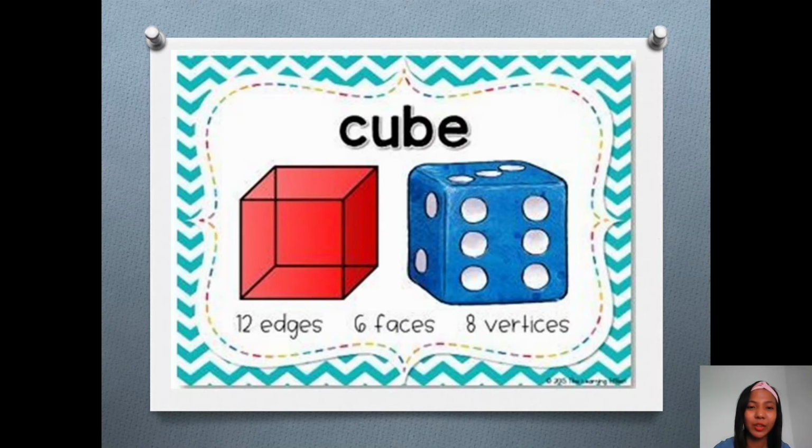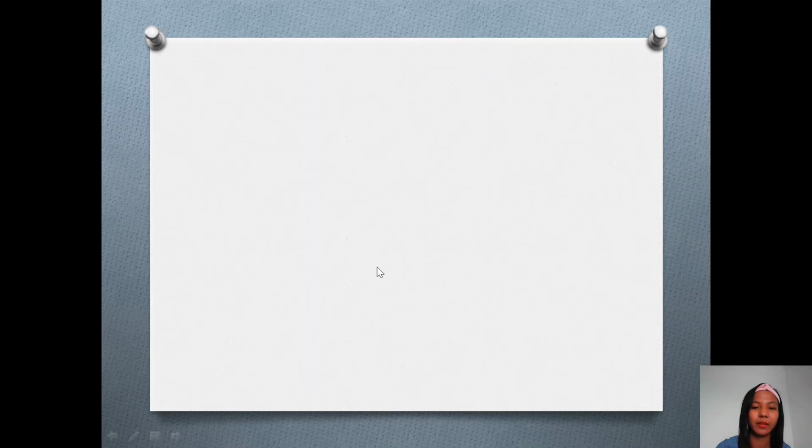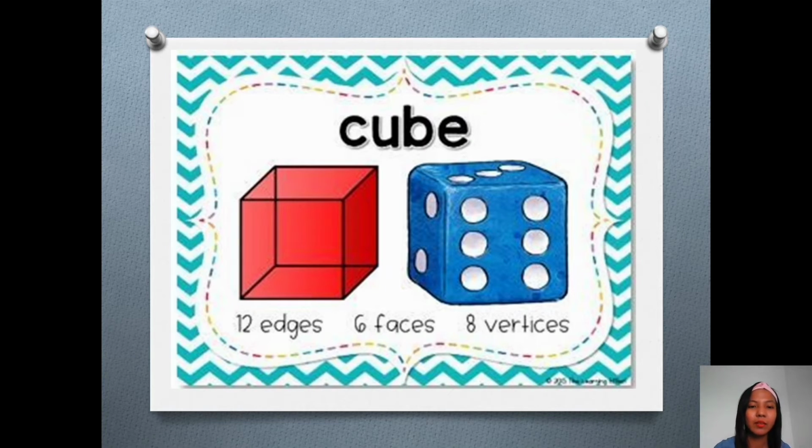And the cube has 8 vertices: 1, 2, 3, 4, 5, 6, 7, 8. 8 points, or 8 corners. So the cube has 12 edges, 6 faces, and 8 vertices.